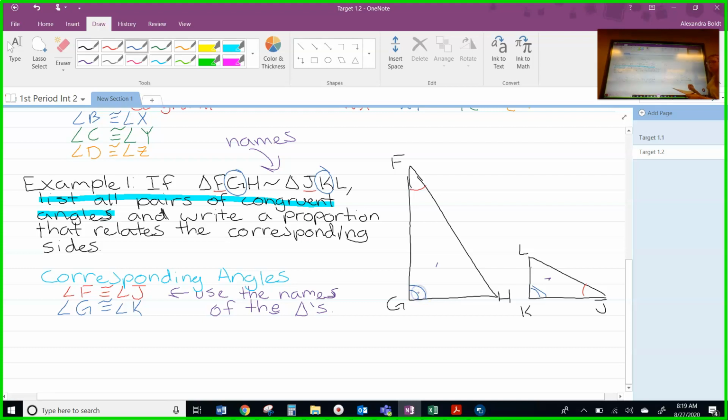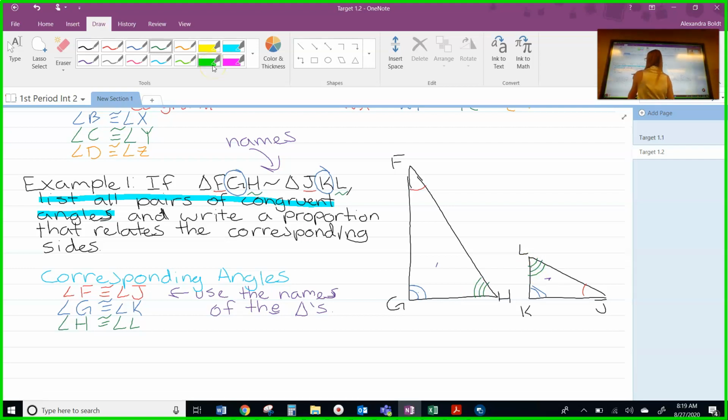So G and K go together because they have 2 lines. F and J go together because they have 1 line. And then finally we have H and L. So angle H is congruent to angle L. So those will get 3 lines.